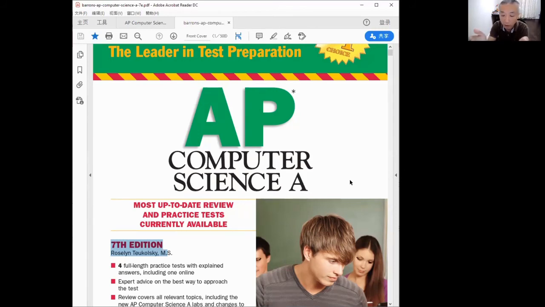Usually when they publish new editions, they will put in some tricks, like shuffling the homework questions or redesigning them. The reason to do that, I believe everyone with common sense can figure out, right? If they don't make any changes to this book, what's the point of publishing a new one?